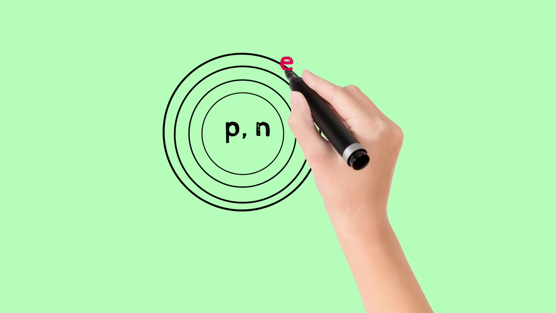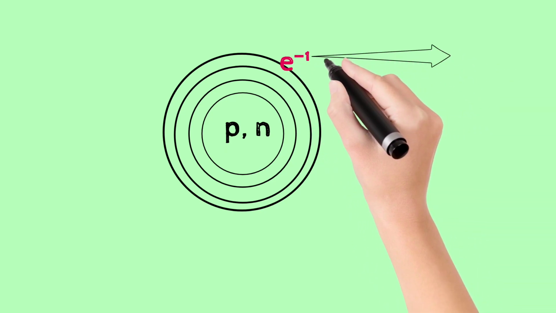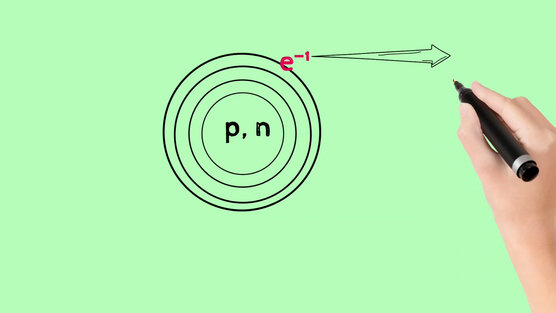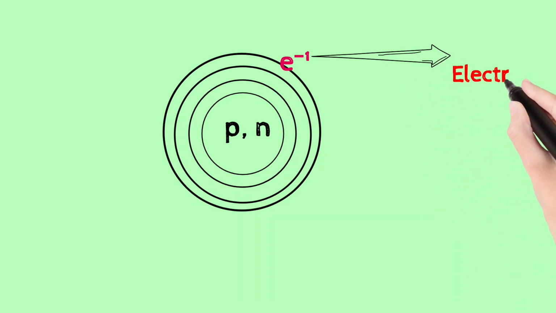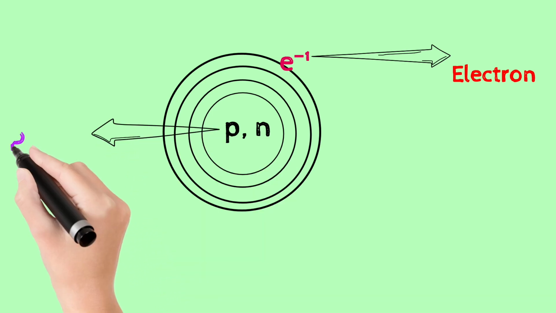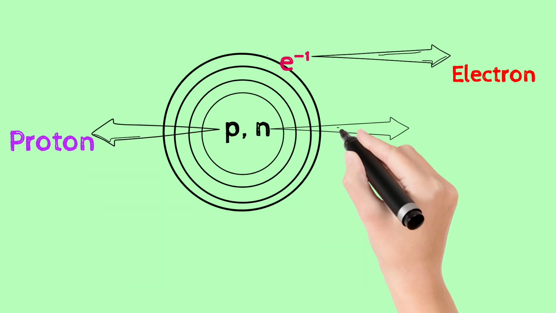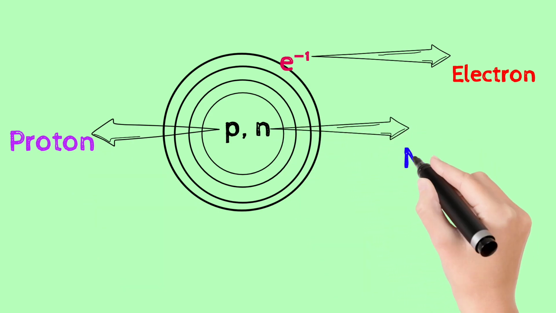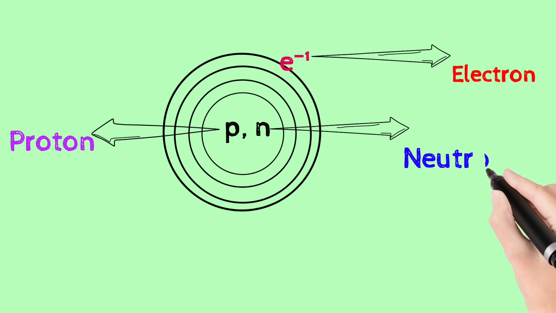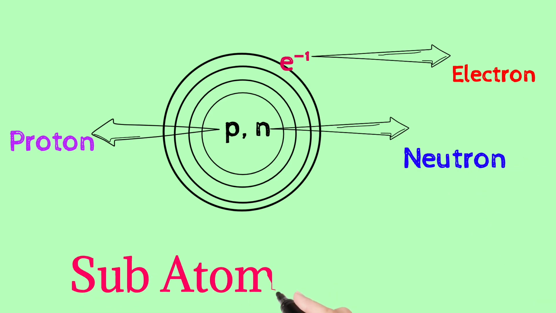Around the nucleus, there is a circular path in which electrons are present. Electron has negative charge. It is also a subatomic particle. So, totally three subatomic particles are there: proton, neutron and electron. These three are known as subatomic particles.